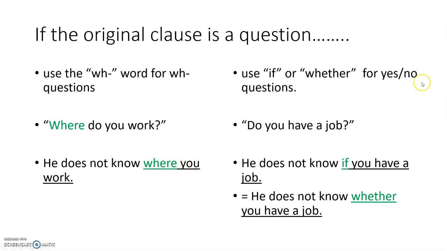If your question is a yes-no question, like do you have a job? Just a simple question. If you want to create a noun clause, you're going to use if or whether. He does not know if you have a job. He does not know whether you have a job. Those are the same. Just make sure that you spell whether correctly. This is not the same as the weather outside, right? Don't mix up the spelling.